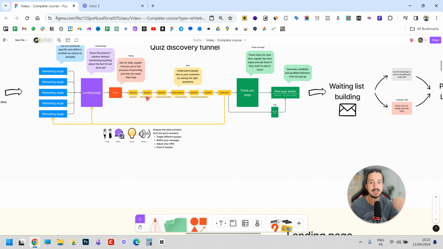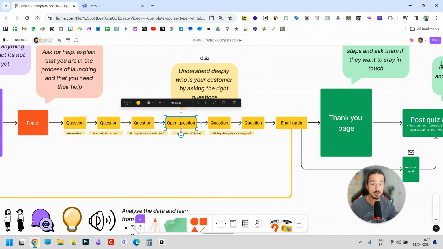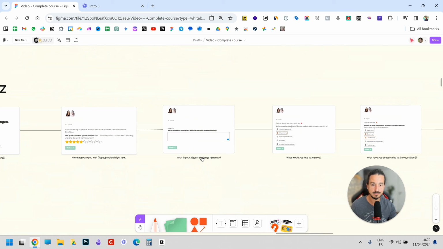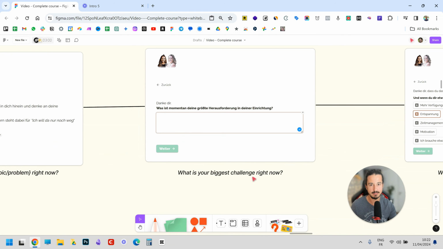They are already in the experience of completing this quiz. And stopping because there is a question that is a little bit harder to answer doesn't make sense anymore. So this is where you want to have a good open question that will tell you so much about their pain. In this case, for example, we had two open questions, actually.